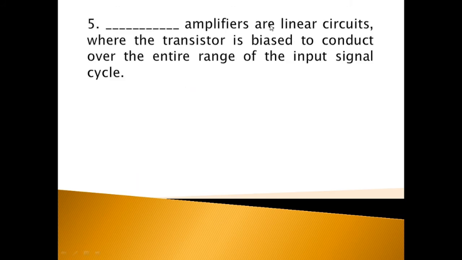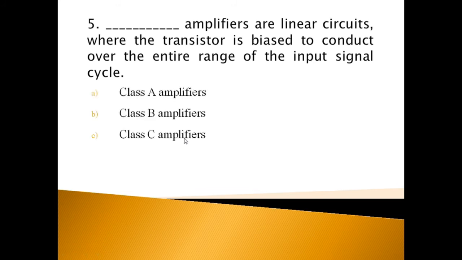Now the fifth question: the amplifiers are linear circuits where the transistor is biased to conduct over the entire range of the input signal cycle. The options are class A amplifier, class B amplifier, class C amplifier, and none of them mentioned. In the question they provided a linear circuit and the conduction angle is the whole input signal cycle. That means 360 degrees. For 360 degrees the answer is class A amplifier.